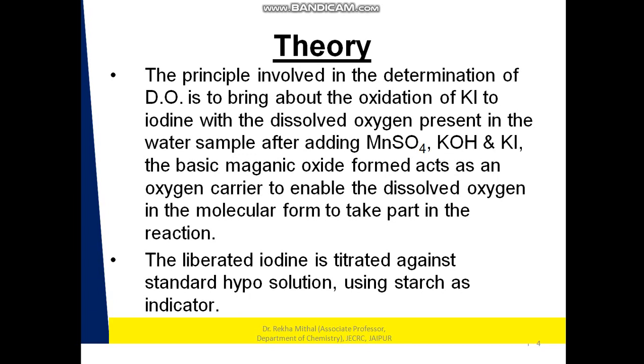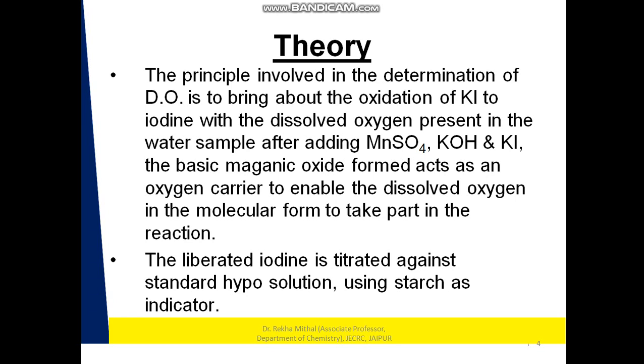The principle involved in the determination of DO is to bring about the oxidation of KI to iodine with the dissolved oxygen present in the water sample after adding manganese sulfate, KOH and KI.